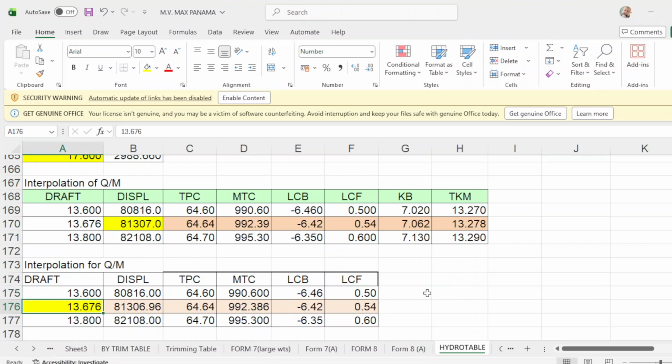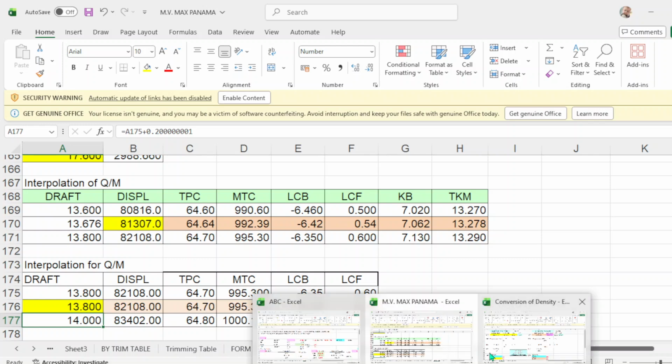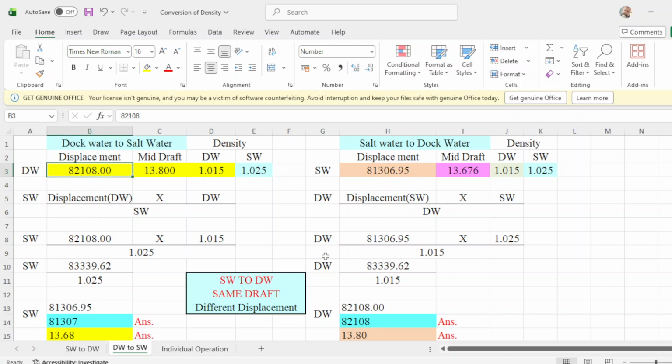So you put here 13.80, and the displacement will be 82108. Okay, 82108. So you put here 82108. Okay, and salt water will be constant.